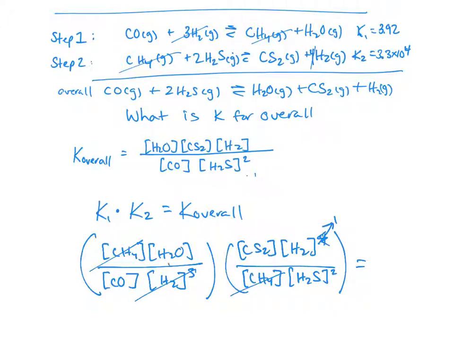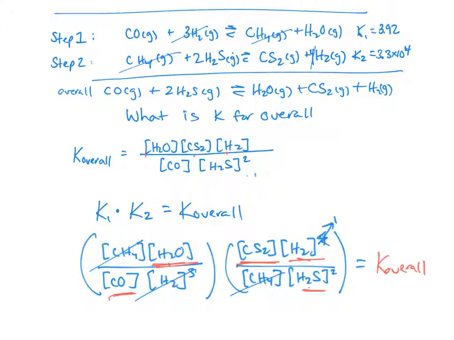And so we're left with H2O times CS2 times H2 in the numerator, and that checks out up here, and CO and H2S squared in the denominator. Cool. Questions on that?